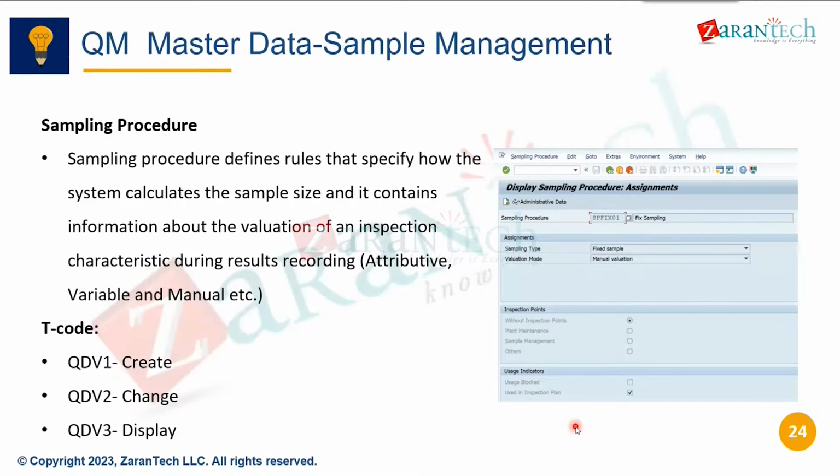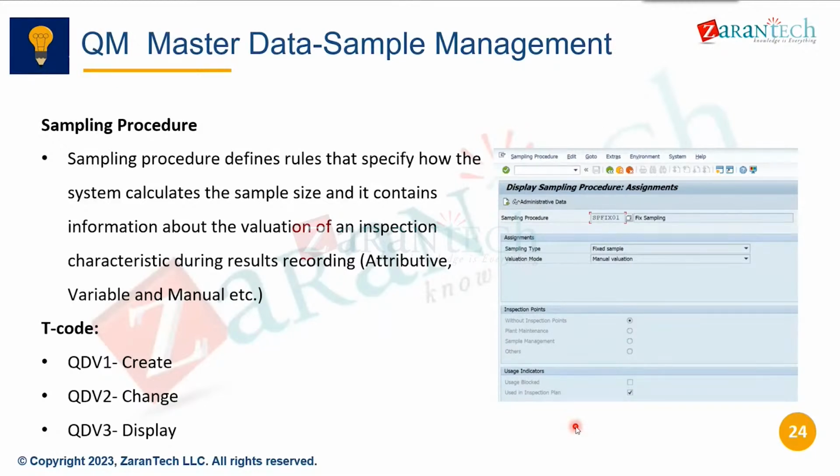Here we have different types of inspection points, meaning how to calculate, with inspection points or without inspection points, or whether the sampling procedure is for plant maintenance, or through sample management, or others. So we have multiple options here.